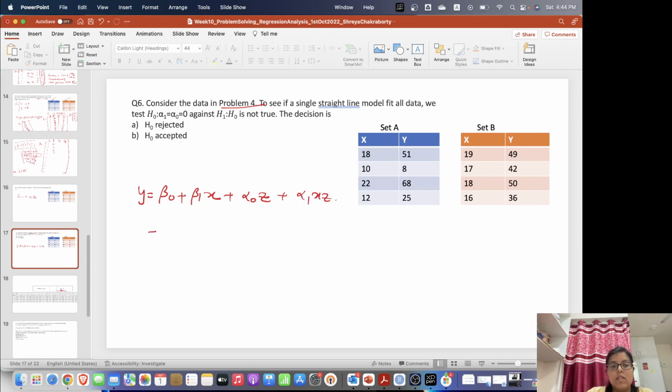So this one we can rewrite as beta naught plus alpha naught z plus beta 1 plus alpha 1 z into x.